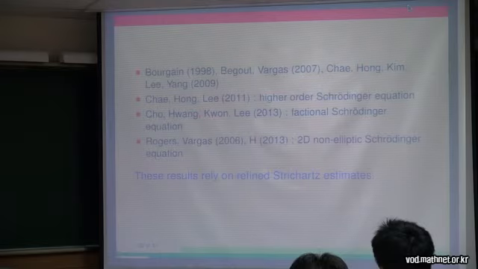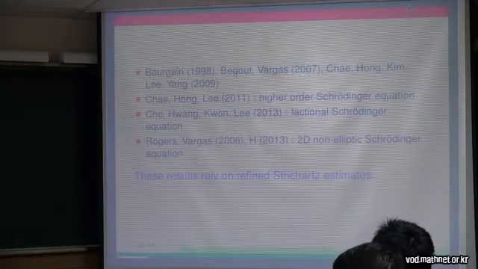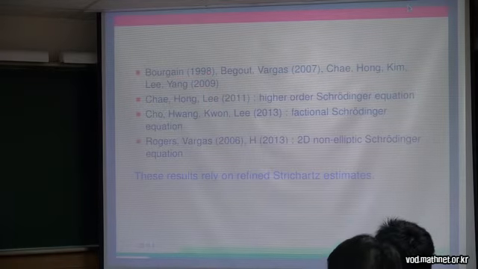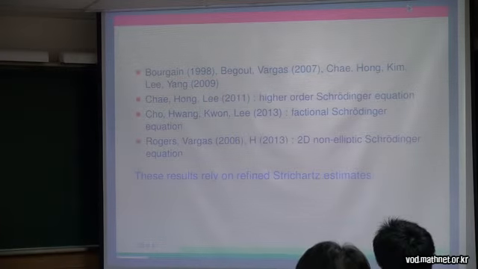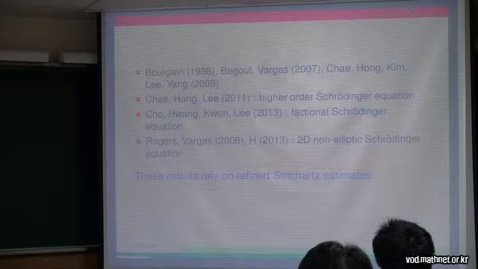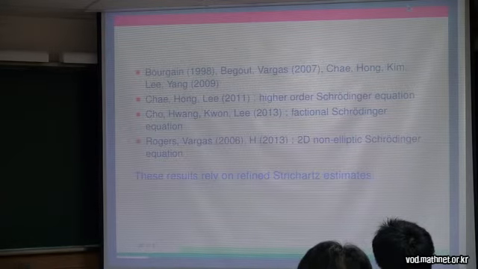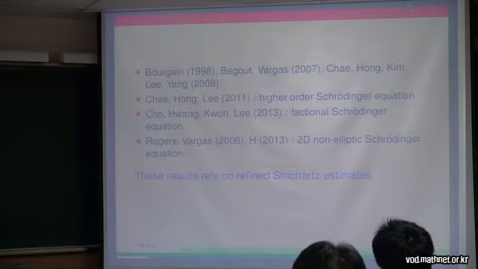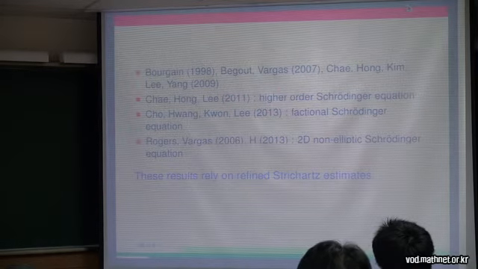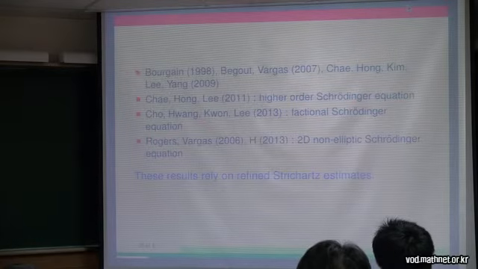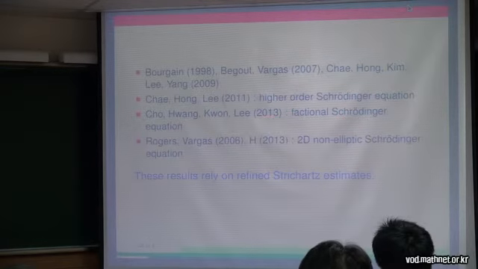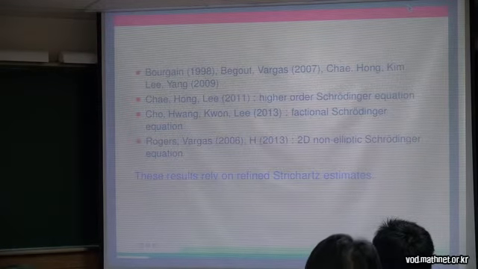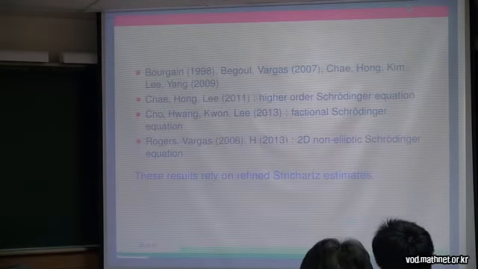So here are results from Bourgain, who first obtained some mass concentration phenomena for the Schrödinger equations, and then it also exists for the higher order Schrödinger equation, and recently for the fractional Schrödinger equation they proved that there exists a mass concentration property.